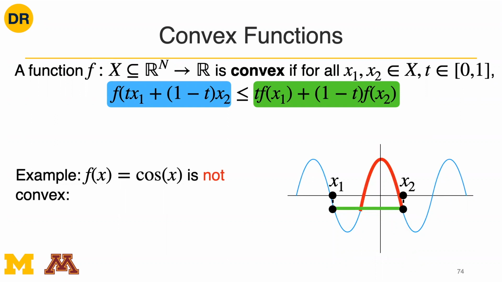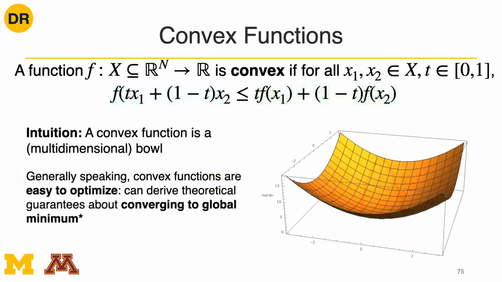A nice way to think about a convex function is that it's a multi-dimensional bowl, which means you have only one local minimum. If it has many local minima, then it's not a convex function.